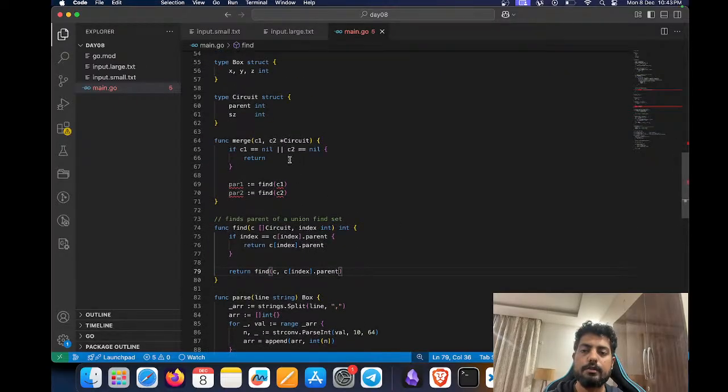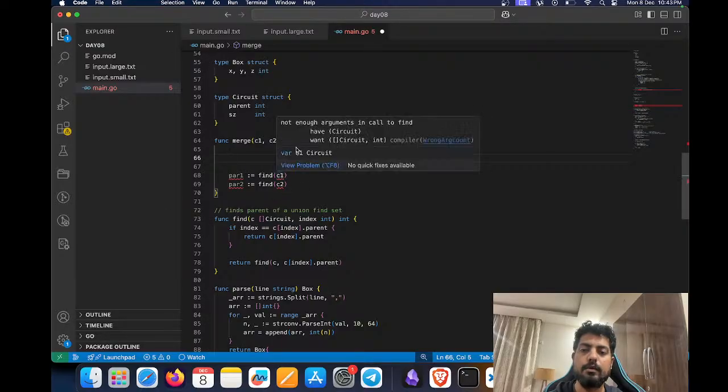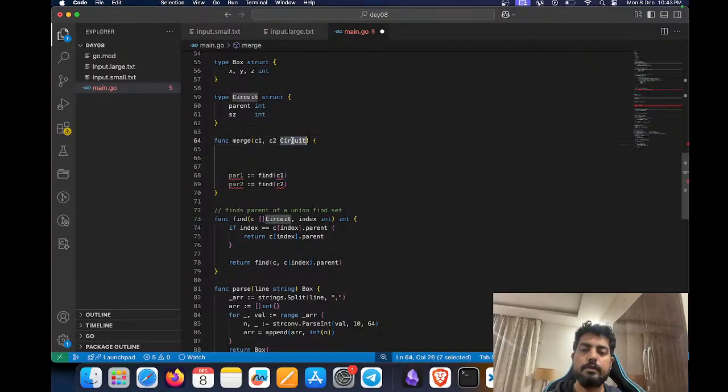And how do we merge two circuits? So it is find c1 comma c2. Actually, it will be two indexes. How do we merge two indexes?